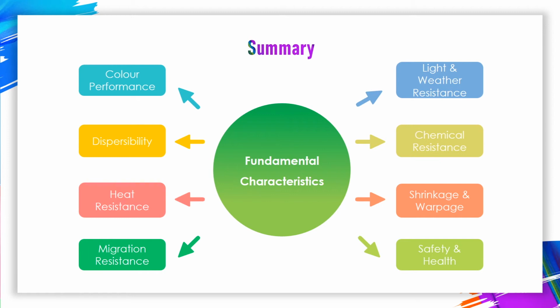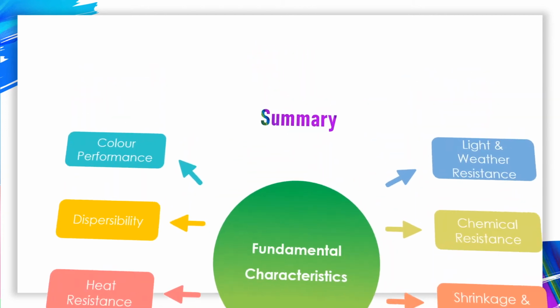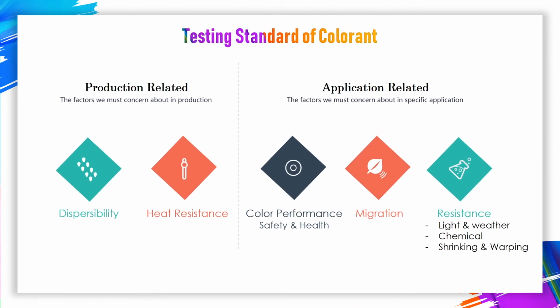Generally, there are 8 fundamental characteristics of colorants: color performance, heat resistance, light and weather resistance, dispersibility, migration, chemical resistance, shrinking and warping, safety and health. Therefore, we need to focus on these characteristics. It needs to achieve the testing standard of colorants on plastics.